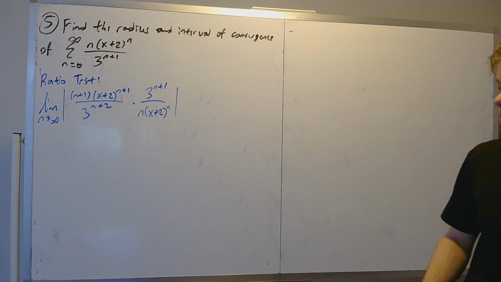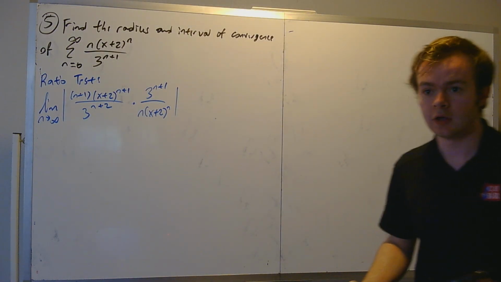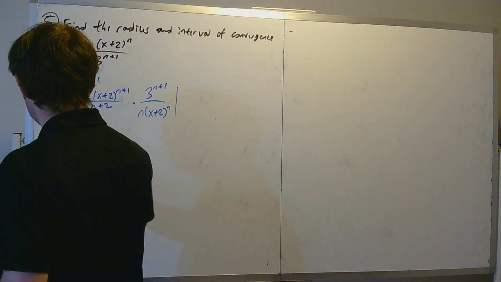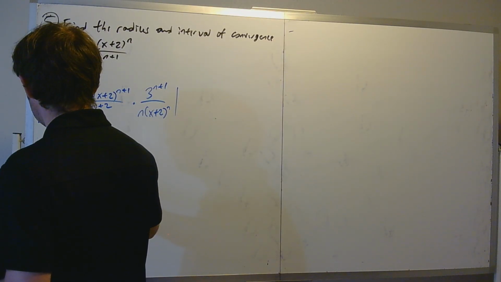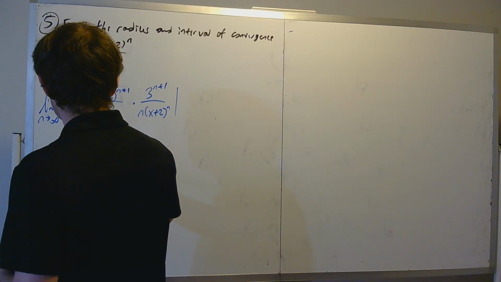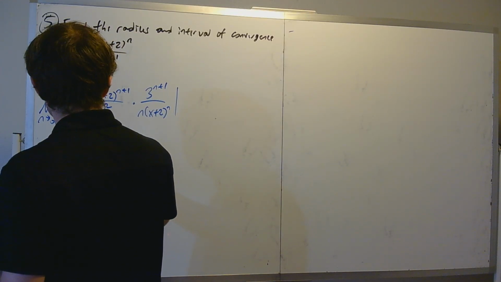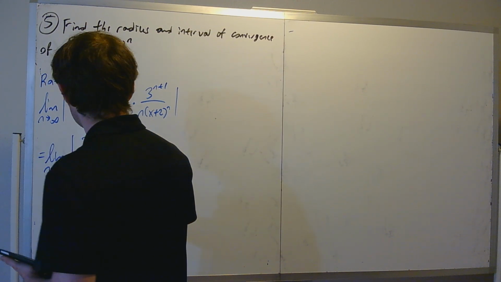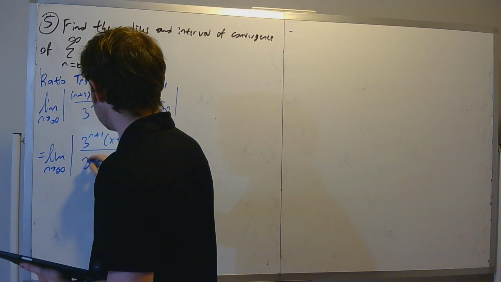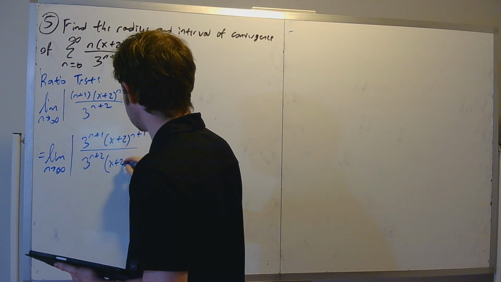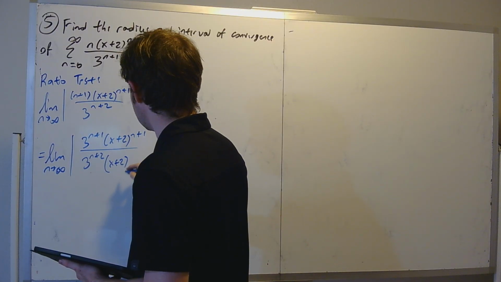Again, it's the same thing where we're just trying to collect terms and cancel things out. So we're going to get the limit as n goes to infinity of the absolute value of, let's say we've got 3 to the n plus 1 times (x plus 2) to the n plus 1 over 3 to the n plus 2 times (x plus 2) to the n.